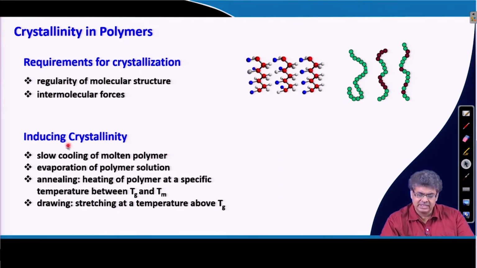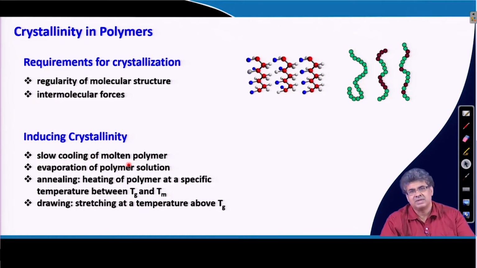As I was discussing, there are ways we can induce crystallinity, and the first is that if we give enough time to the polymer chains to rearrange themselves and align with each other to form crystalline domains, then obviously we are giving the polymer chains the opportunity to crystallize. Hence, slow cooling of the molten polymers will induce crystallinity.